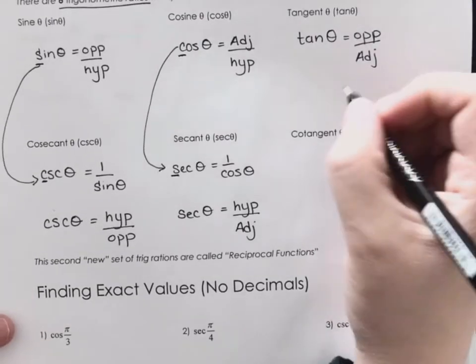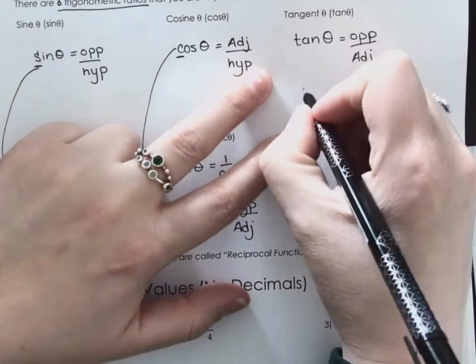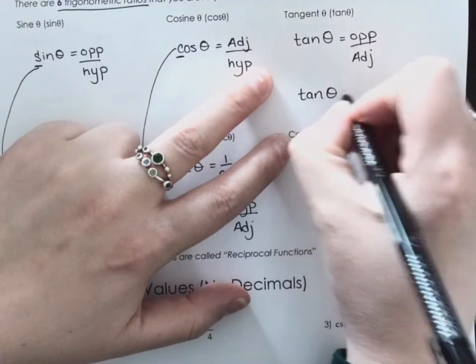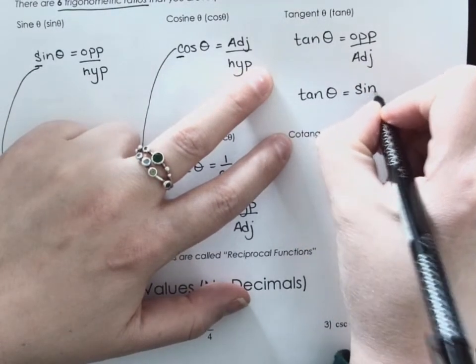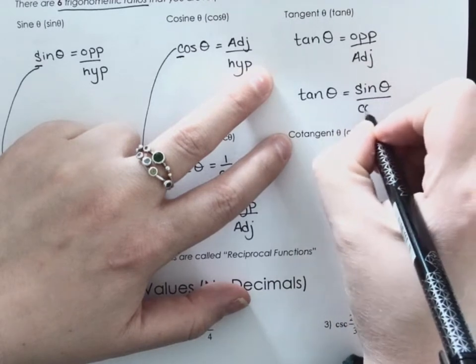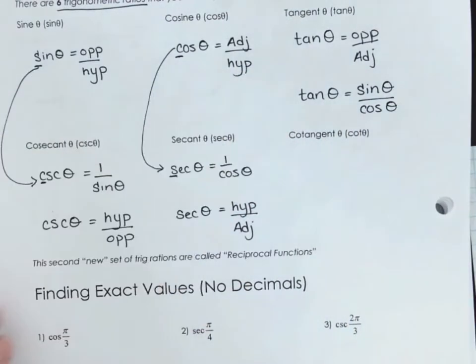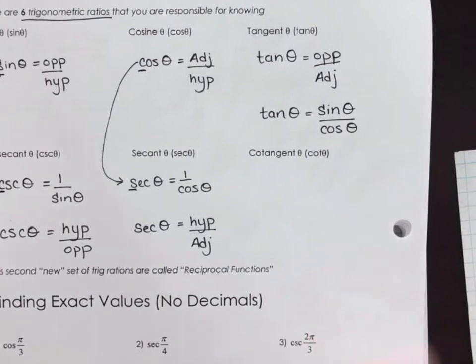All right. So you guys remember that tan could also be written as sine theta over cos theta. You guys remember that? We just did that in a different question, right?